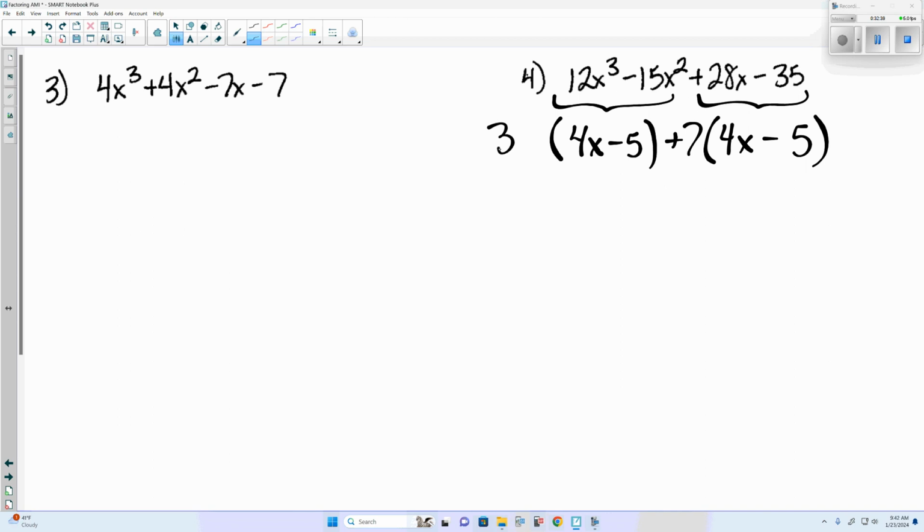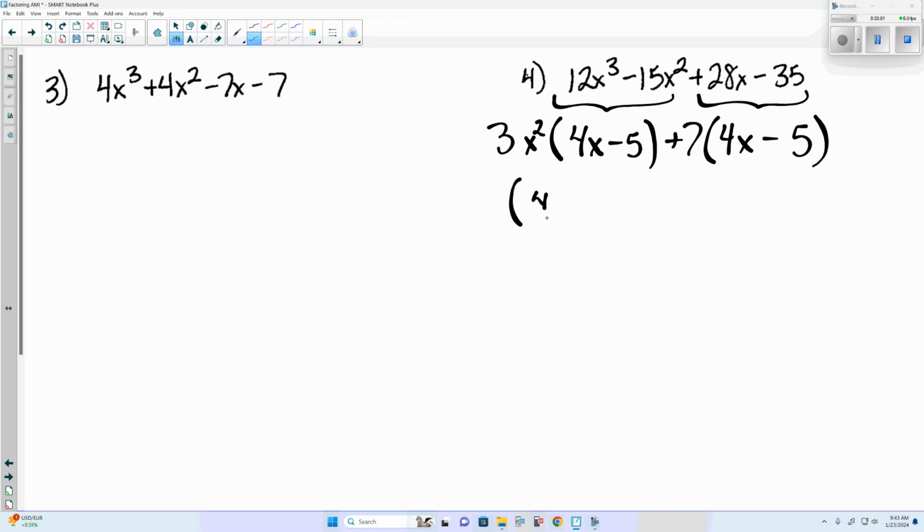So we know we'll need 3. This is part of the reason I say find whichever one of those two sets you can find the greatest common factor of easier, because those two sets of parentheses are going to have to match. It gives you a roadmap of what the other one's going to have to be.